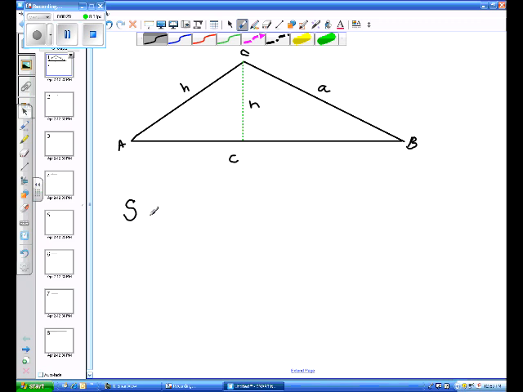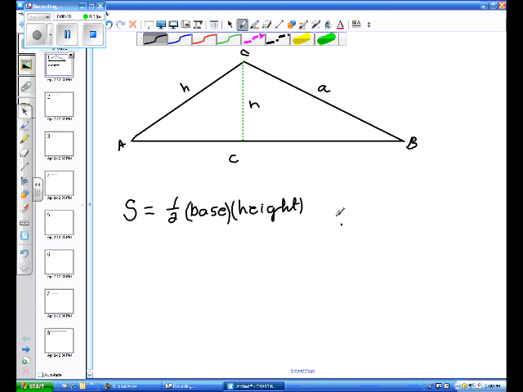And then sometimes we use a capital letter S for area. So area is equal to 1/2 the base times the height. That's our basic formula for area.